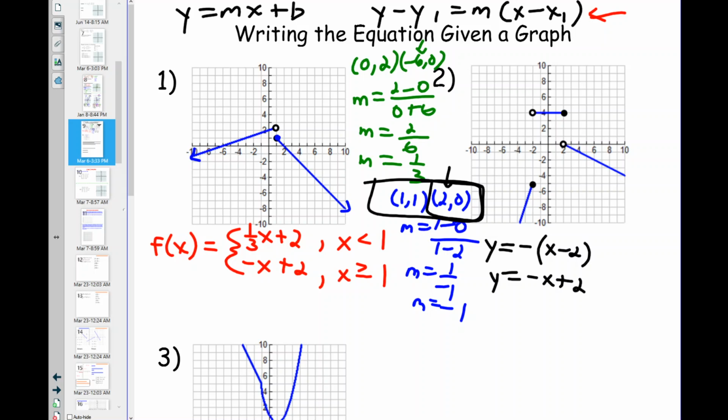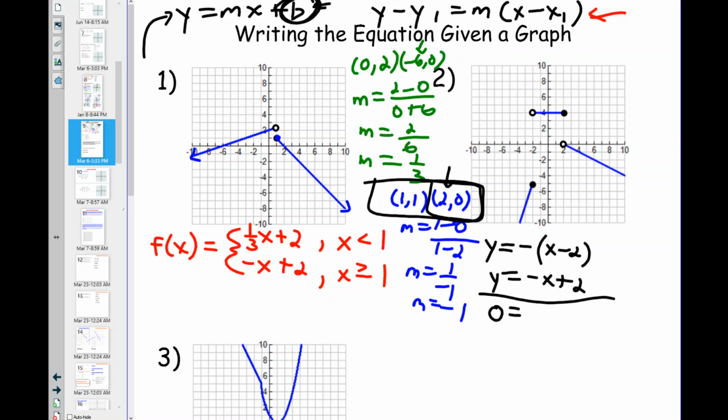The other way is to plug it into slope-intercept form. What I'd be looking for is b. Okay, I'm looking for this b. I got to plug in a y, an m, and an x. It's the same thing. Pick a point. Let's say Emily still wanted 2. But now that 0, you would actually plug it in for the y.